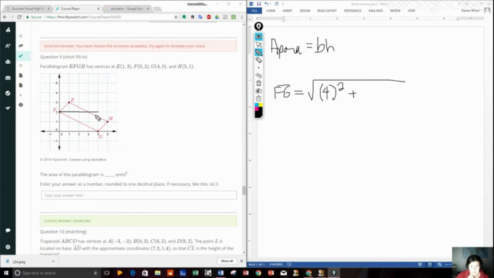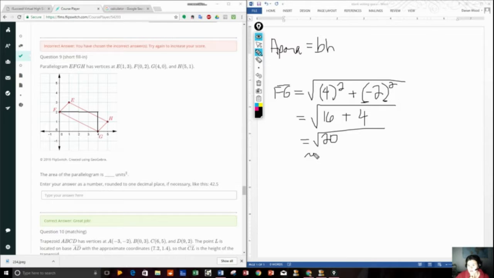Plus our vertical distance is 1, 2. And it's negative since I went down, so I'm going to have negative 2 squared. That's going to equal the square root of 4 squared is 16 plus negative 2 squared. Remember to include your parentheses when you're typing it into your calculator. And negative 2 times negative 2 is 4. So we're going to end up with the square root of 16 plus 4, and 16 plus 4 is 20.